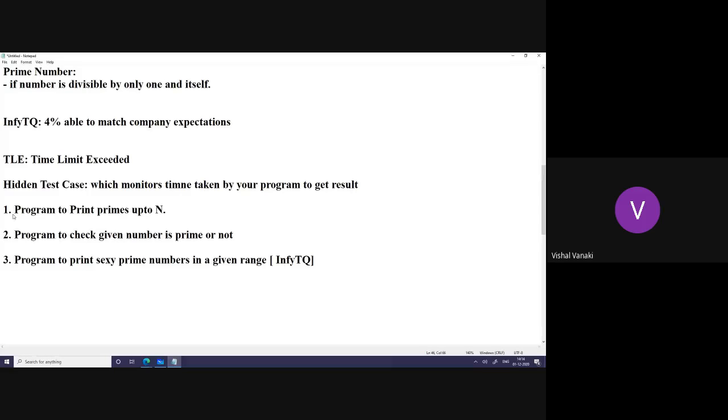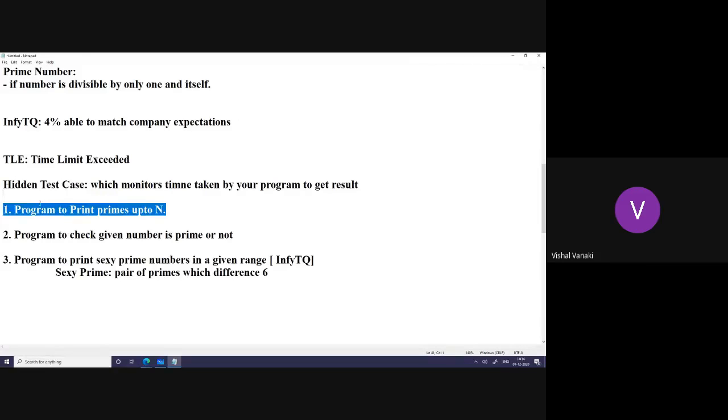This was pretty easy. Sexy primes means pairs of primes with a difference of 6.